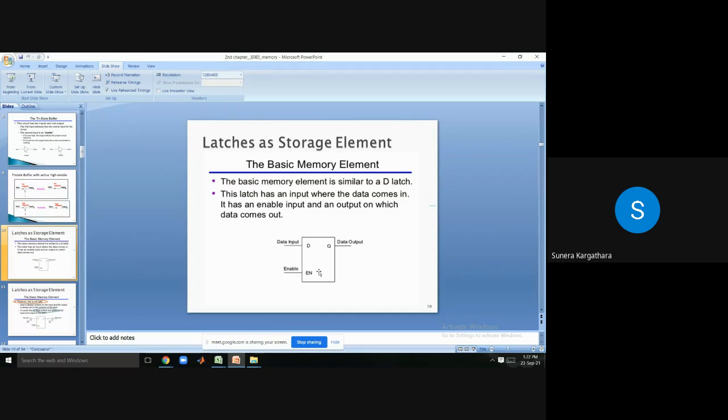Generally, if you say flip-flop, we know the symbol of a data flip-flop is like this. If you say data flip-flop or D-latch, both are almost same. Let me draw it right now.